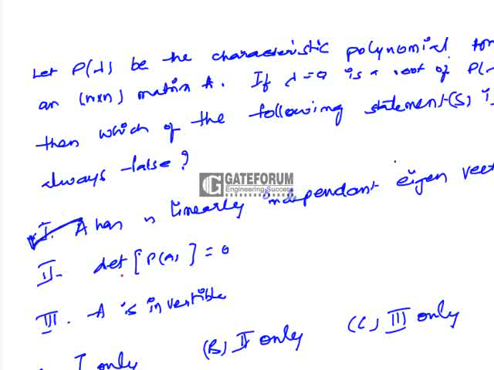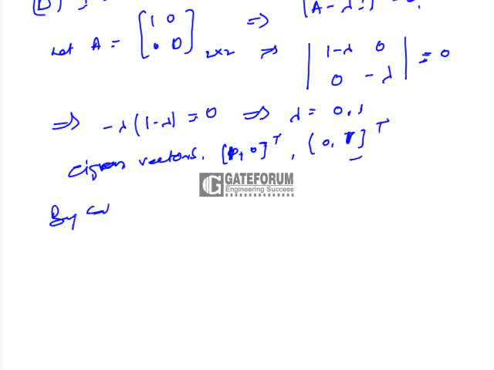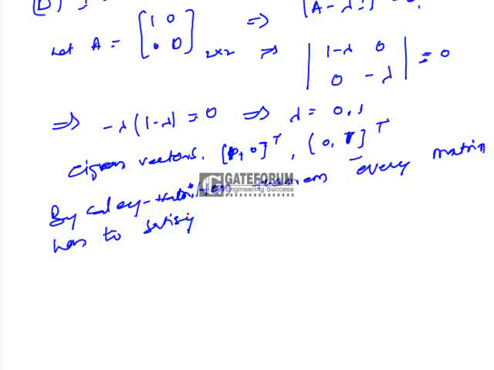Now the second statement: determinant of P of A is equal to 0. By the Cayley-Hamilton theorem, every matrix has to satisfy its characteristic equation.